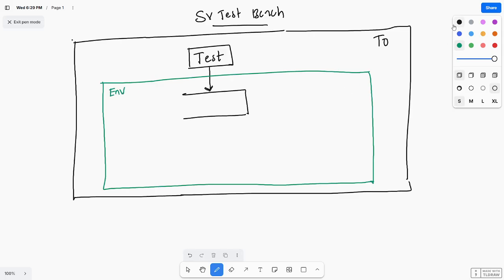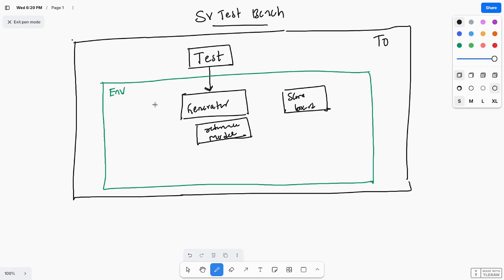In this environment, you have a generator, a scoreboard, and next you have a reference model.